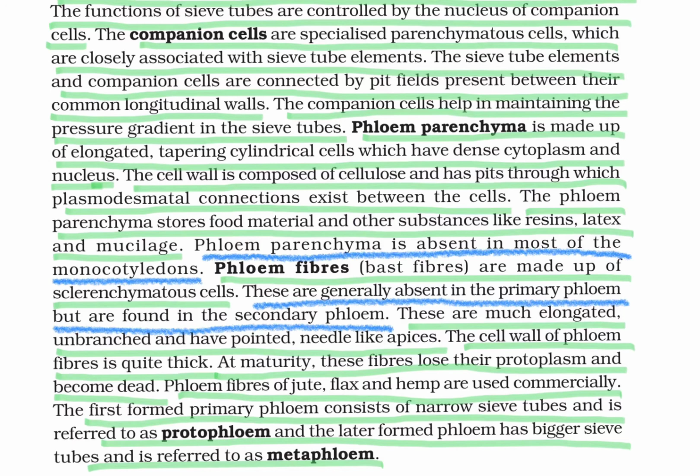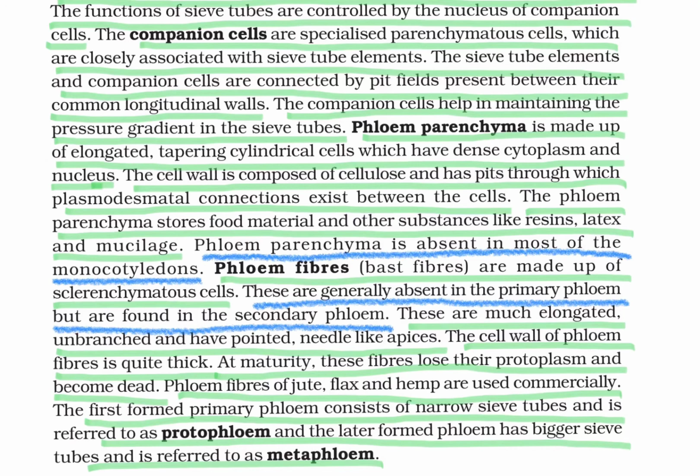The last element is phloem fibers. It is also known as bast fibers or phloem sclerenchyma. It is made up of sclerenchymatous cells, so they are dead cells, made for mechanical support. But these are generally absent in primary phloem and are found in secondary phloem. These are much elongated, unbranched, and have pointed needle-like apices.